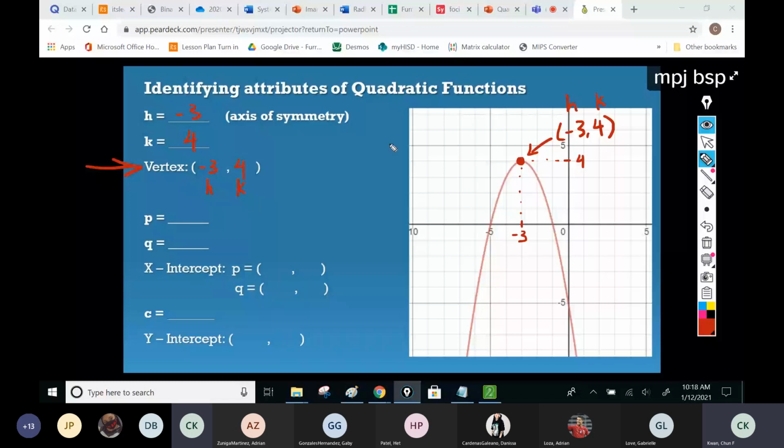And then notice that H is also the axis of symmetry as well. The axis of symmetry is what cuts the graph in half right here, and it is at -3. So like I said, the vertex and the axis of symmetry intersect. They share the same x value.